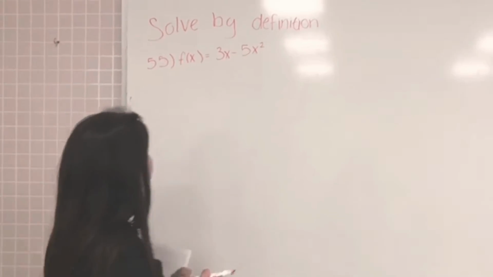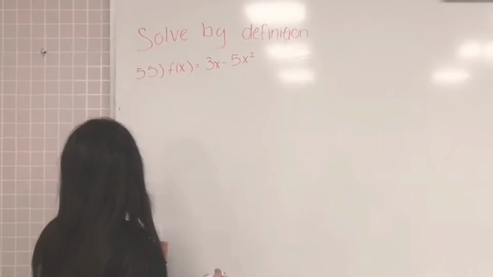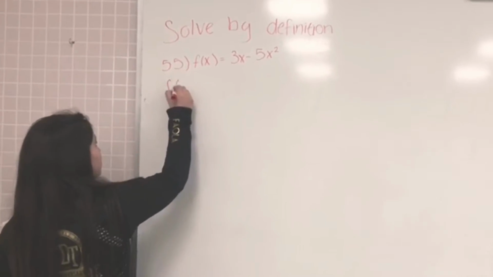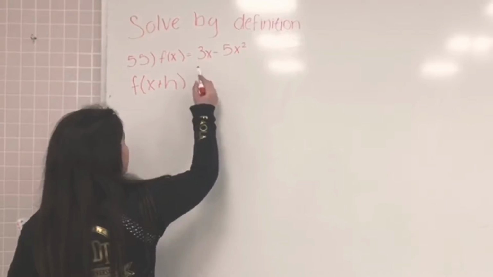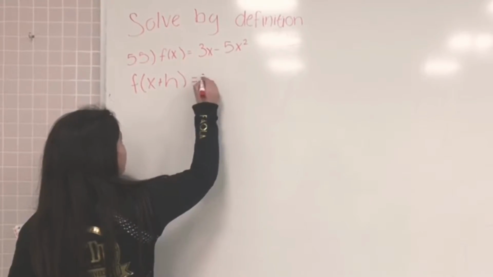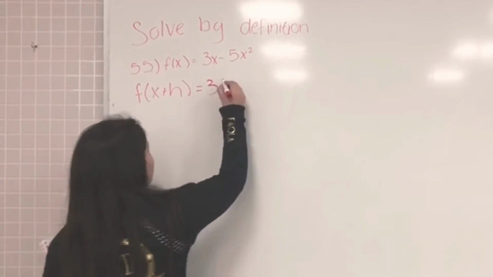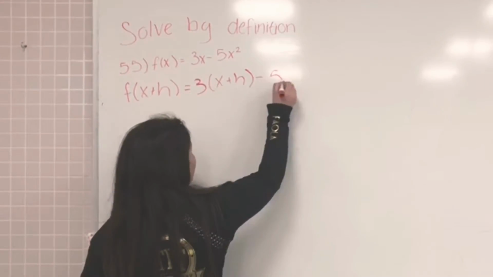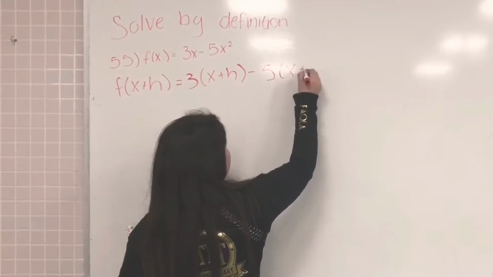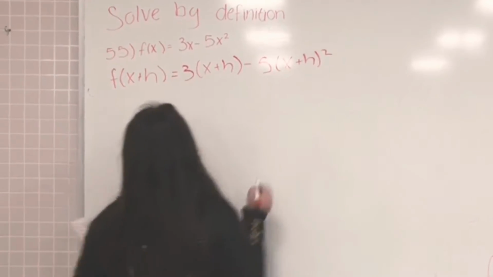Okay, so the problem says solve by definition, so we have to use function of x plus h. That means we're going to add an h every time an x appears. So it will be like 3 times x plus h minus 5 times x plus h squared.